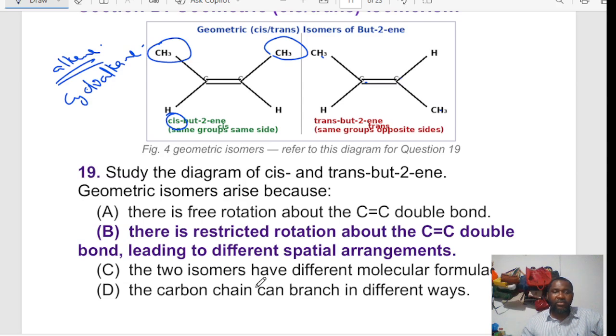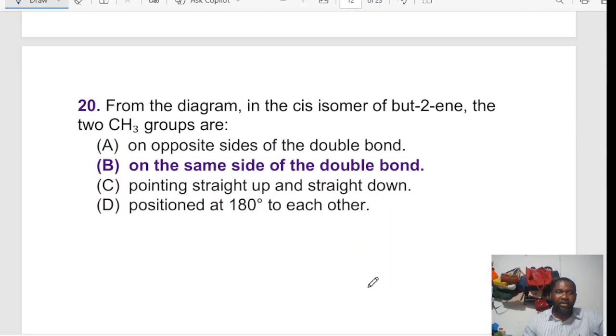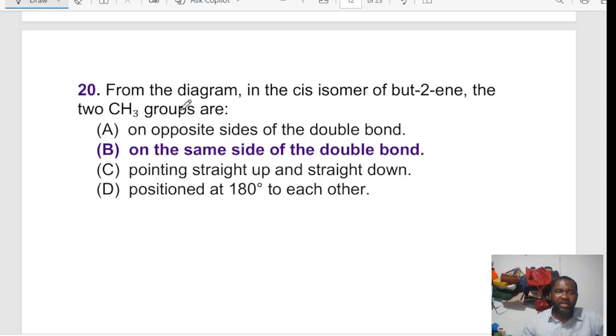C says the 2 isomers have different molecular formula. No. D says the carbon chain can branch in different ways. No, not exactly. Okay, now this one says, from the diagram in the cis isomer of butene, the 2 CH3 groups are, of course, the answer is B. They are on the same side of the double bond. Okay, that's how you know cis.